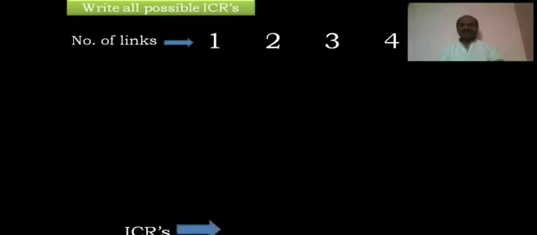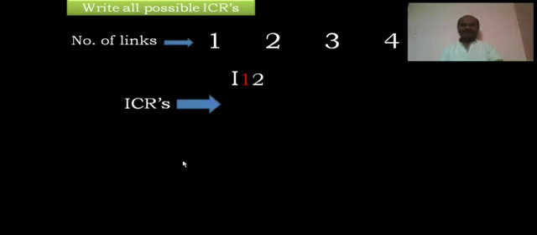That will be written as the pair between link 1 and 2, represented as I12. The second ICR will be I23, a pair of link 2 and 3.